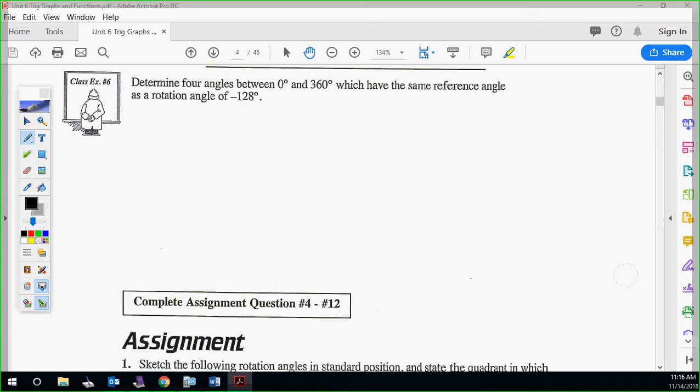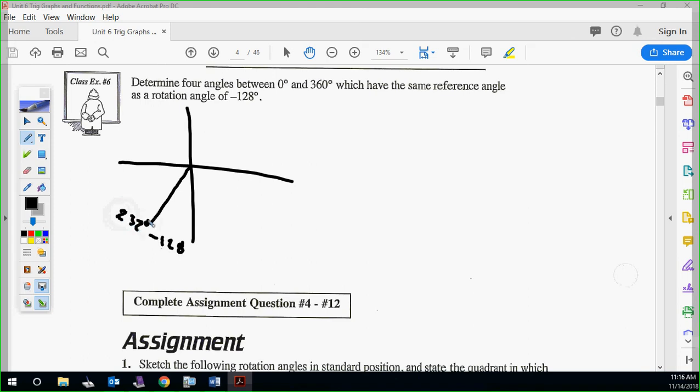Okay, so first off, let's do negative 128. So negative 128 is going to be right about here. Okay, so before we do that, let's figure out what that is positive. So this is negative 128, or what is it? 232.